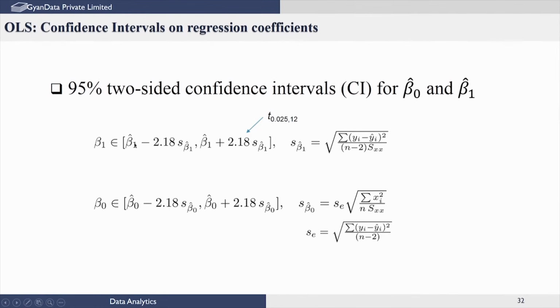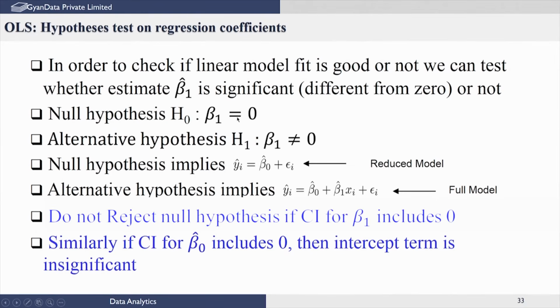On the other hand, if the interval is to the left of 0, which is completely negative, or to the right of 0, which means both these quantities are positive, then this interval will not contain 0, and we can reject the null hypothesis that beta 1 equals 0, which means beta 1 is significant. So, from the confidence interval itself it is possible to reject or not reject the null hypothesis.